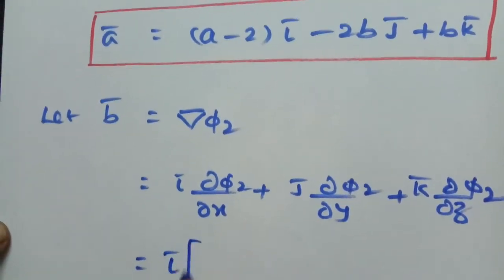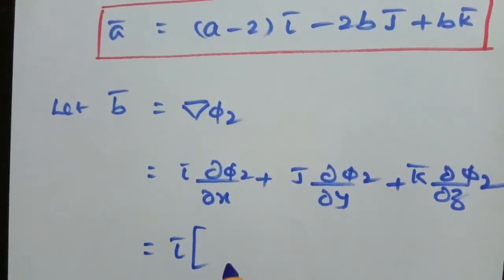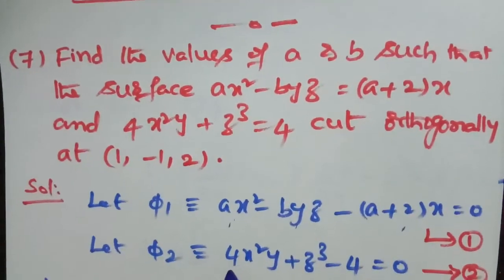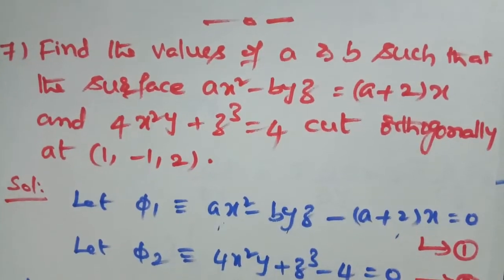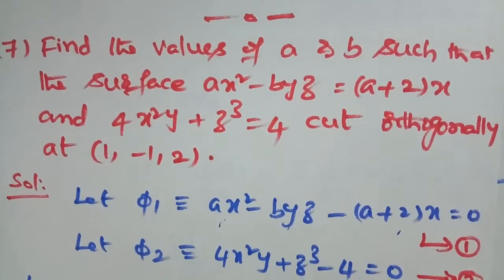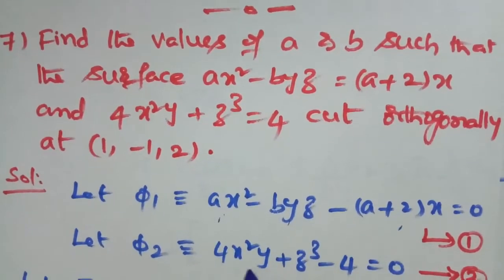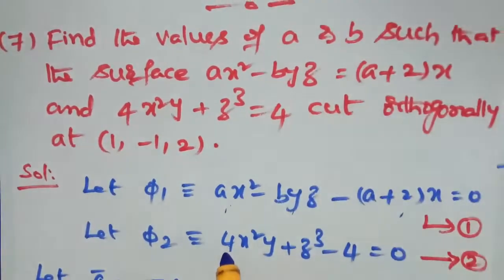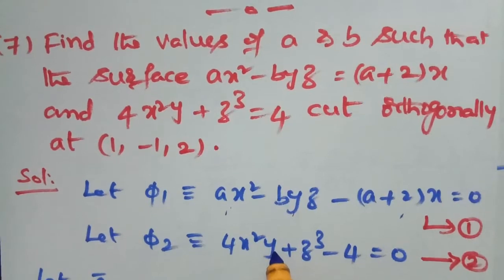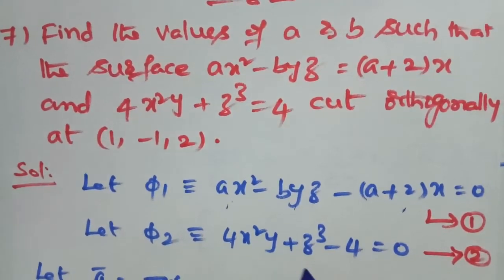Therefore, i bar into dou by dou x of phi 2. So partial derivative of this with respect to x: z cube is constant, minus 4 is constant, therefore its derivative is 0. 4x square yz: x square derivative is 2x, so 4 into 2, 8x, y is constant, 8xy.